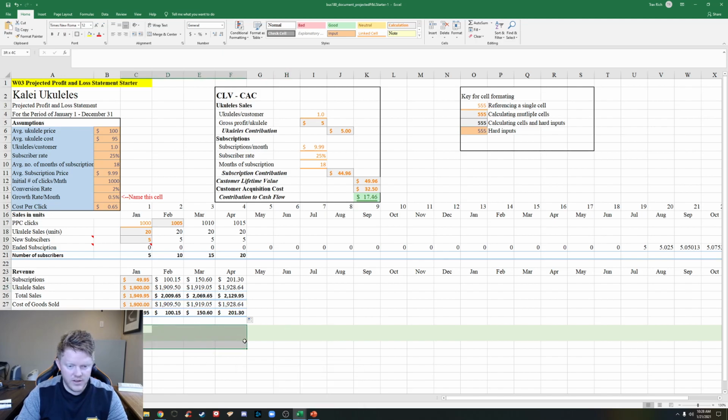Advertising costs, let's go over this. Get rid of that guy. Advertising cost is going to be your equation PPC clicks, which is going to be up here, times the cost per click, which I believe is in our table here. And then we're going to drag it over, make it dollars.